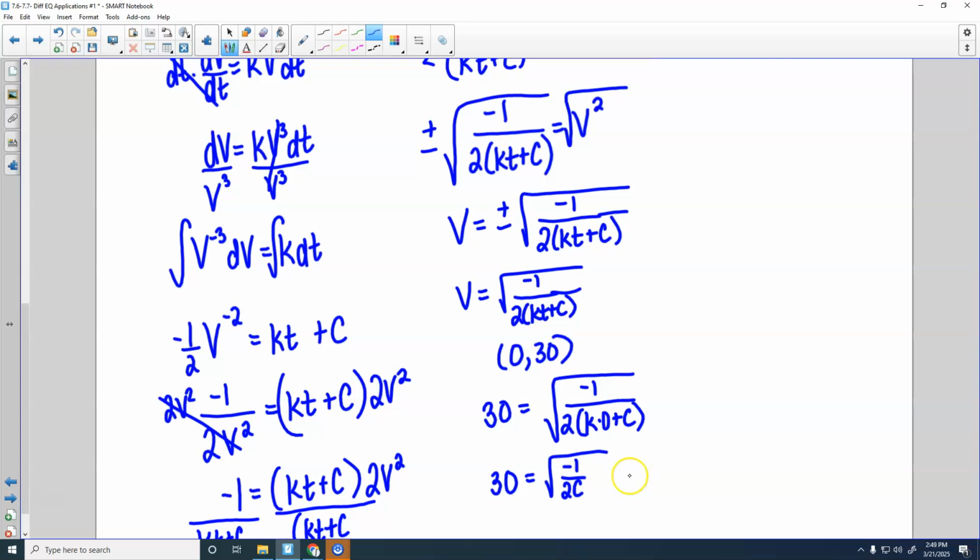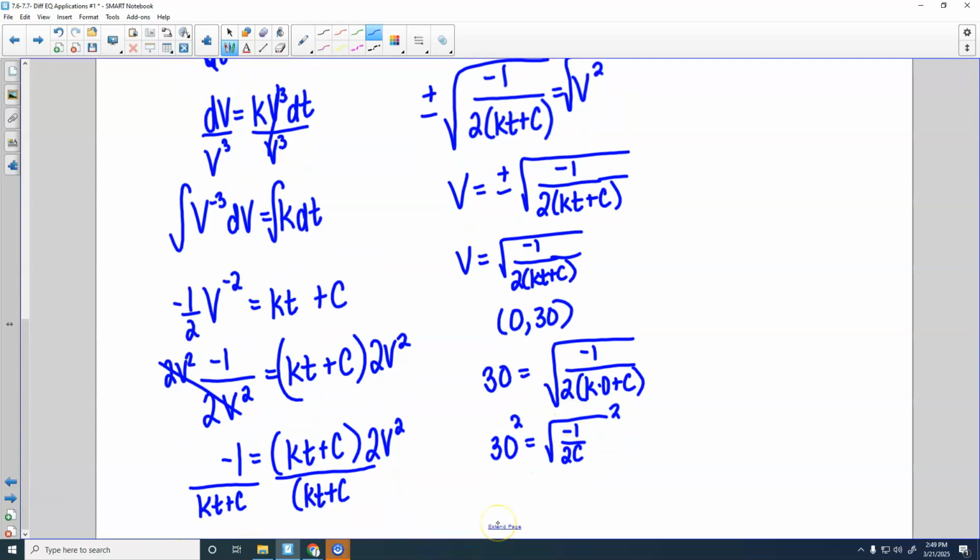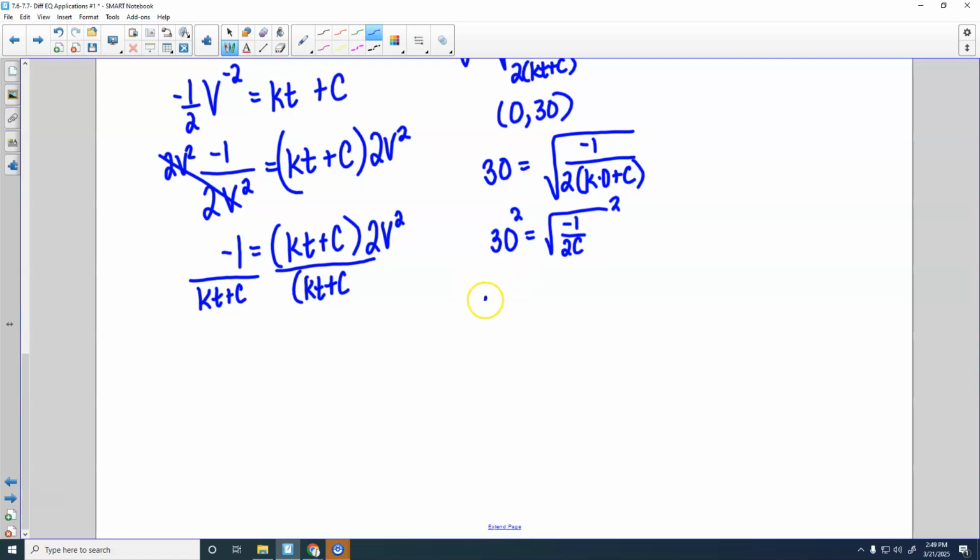What do I need to do now? Square both sides. So that will give me 900 equals negative 1 over 2C. What now? Not 1/2. C's in the bottom. We can't solve for C while it's in the bottom. So let's multiply by 2C on both sides. And so that'll give me 1800 C equals negative 1.